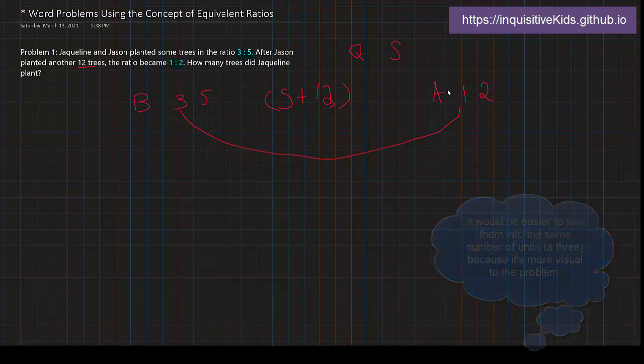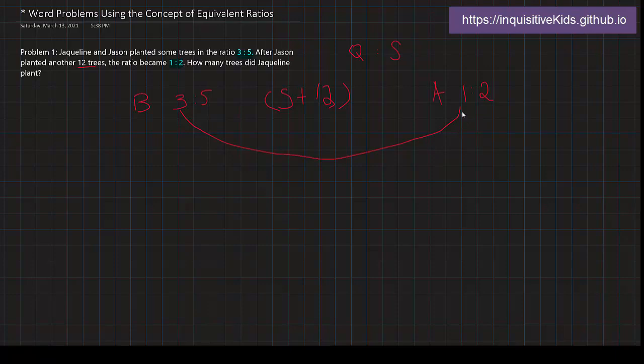And since Jason changed, we don't have to worry about keeping that the same because in the problem, Jason did change. To make these the same, we can change the 1:2 into its equivalent ratio, with 3 as the first unit. How do we do that?